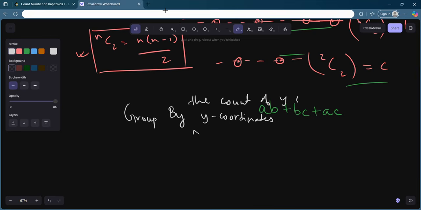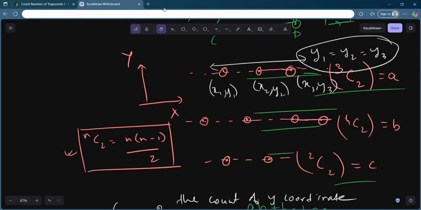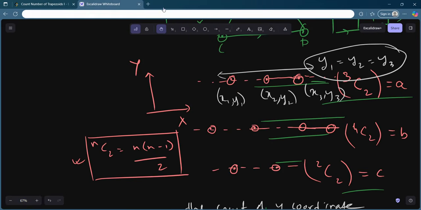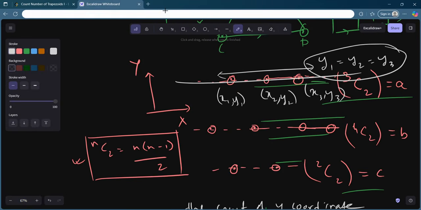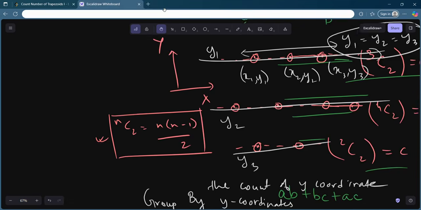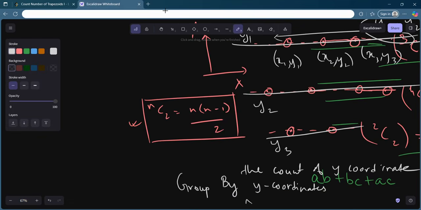I can store the count frequency in a map. Let's say this whole thing has the y coordinate y1, this whole thing has the y coordinate y2, this whole thing has the y coordinate y3. So my frequency map will store something like y1 has 3 points, y2 has 4 points, y3 has 2 points.